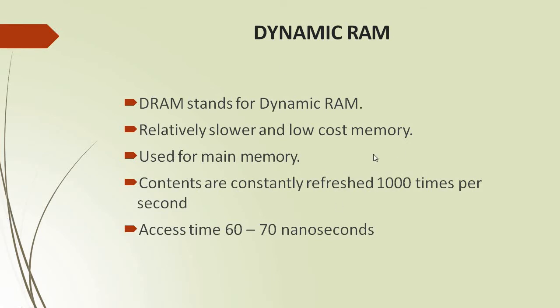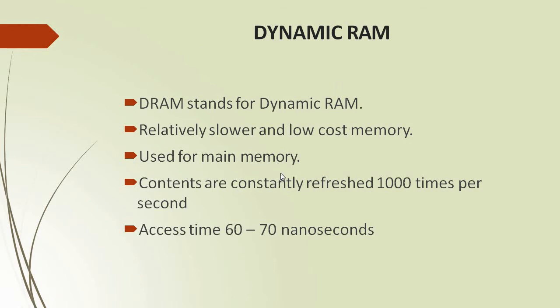Dynamic RAM stands for dynamic random access memory, DRAM you can say. Its short form is DRAM and the full form is dynamic RAM, which is used for main memory and is a relatively slower and low cost memory, whose access time is 60 to 70 nanoseconds and whose contents are constantly refreshed 1000 times per second.